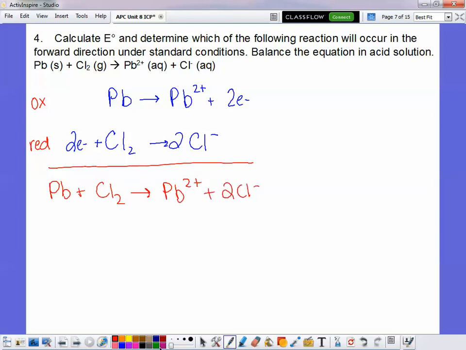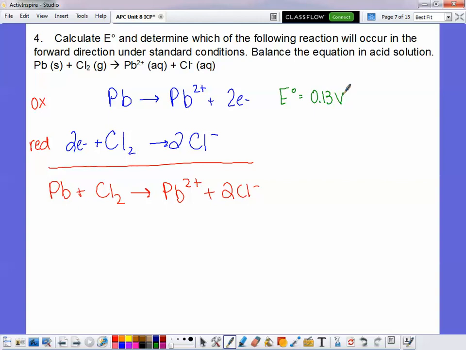All right. So if you look at the chart, what is E for the first half reaction? 0.13 volts. It was negative on the chart. Why did we flip it? Because this is oxidation.